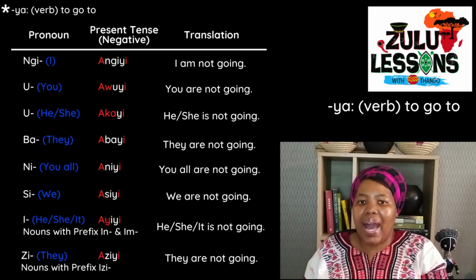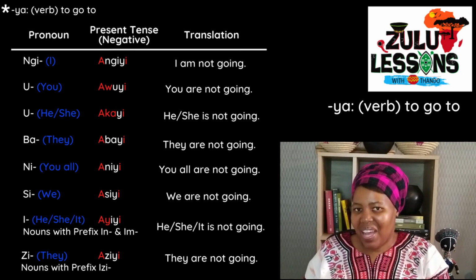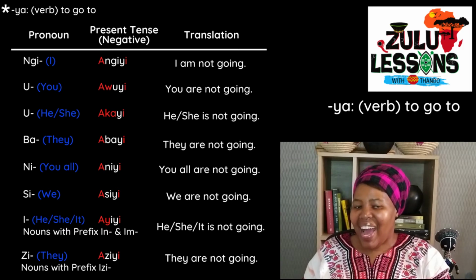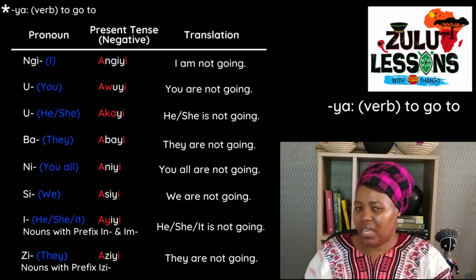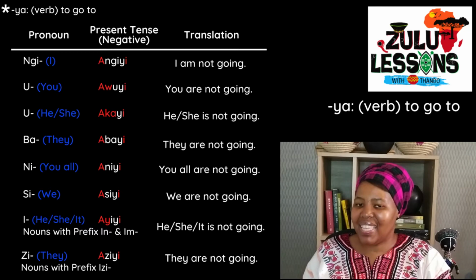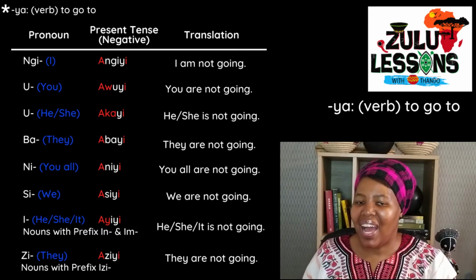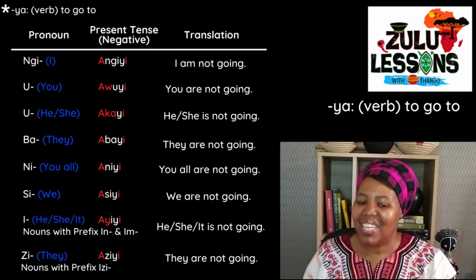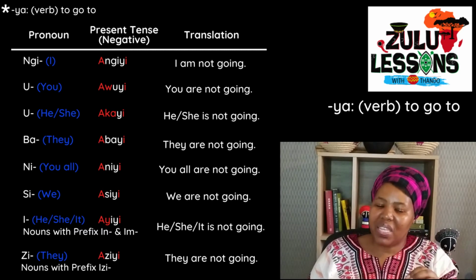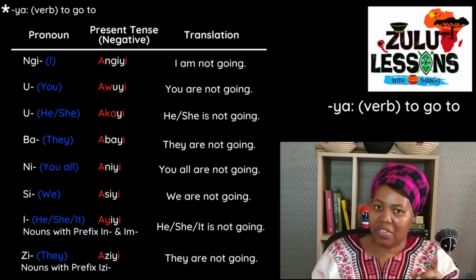Asi. Ayi, did you hear? Ayi. He or she or it is not going. Let's say that one more time so that you can hear. Ayi. So, what did we do here? We've put in a Y between the A, that is the negative, and the I, that was the pronoun for this noun.